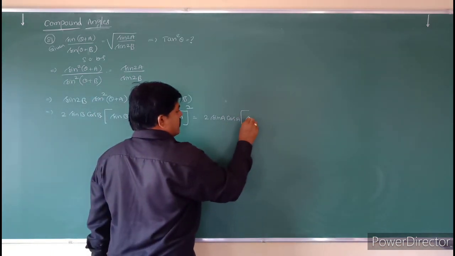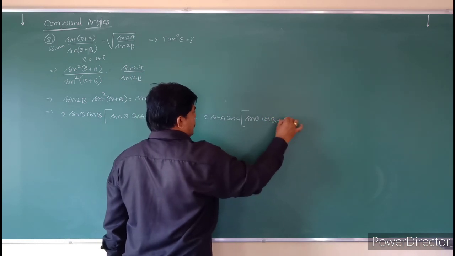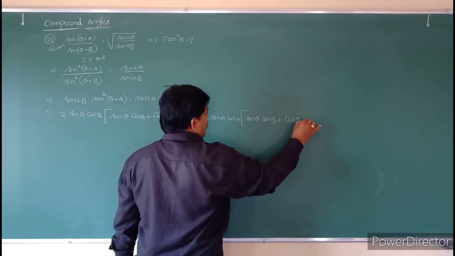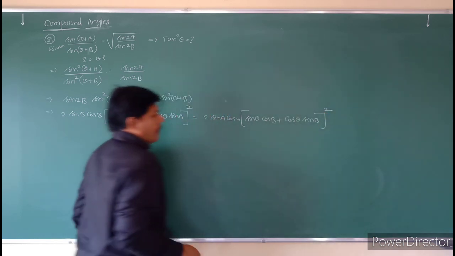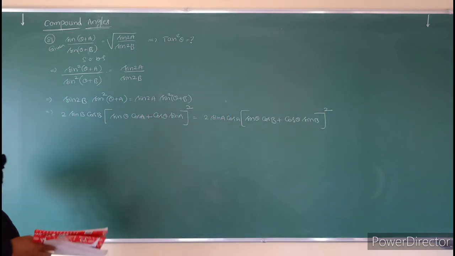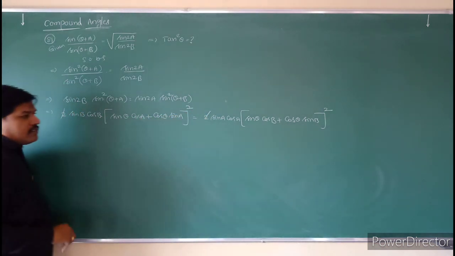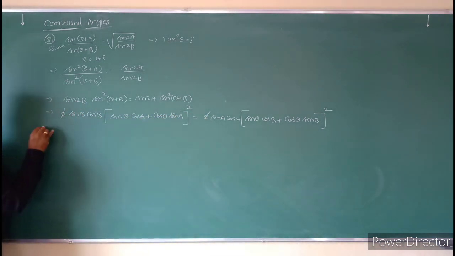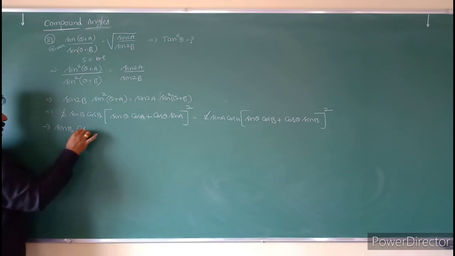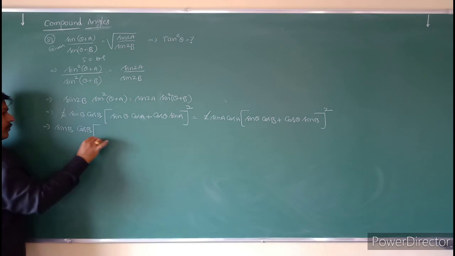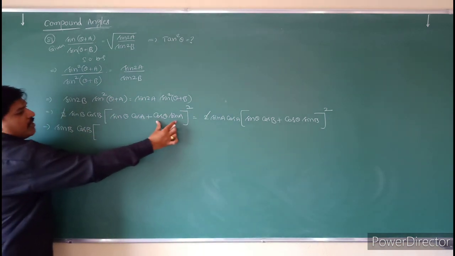Once again, students, (sin θ cos b + cos θ sin b) whole square, sin b whole square. So here this 2 and the 2 will be cancelled, yes or no? That implies sin b cos b. Expand, students, this is (a + b) whole square.